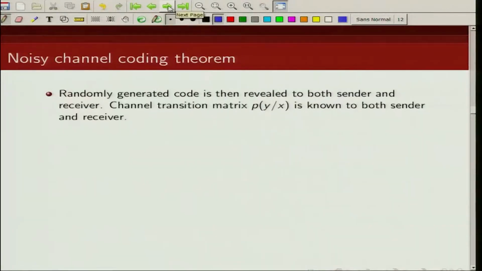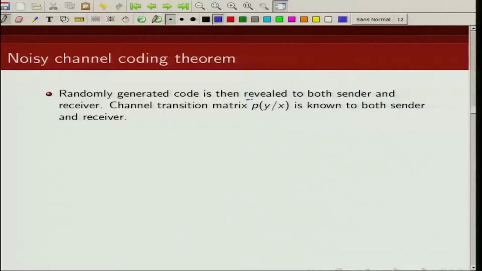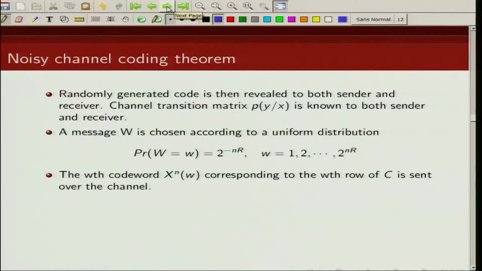Now once we randomly generate a code, we reveal this code to both the sender and the receiver. Now we assume the channel transition matrix probabilities are known to both the sender and receiver, and we choose a message W according to a uniform distribution.